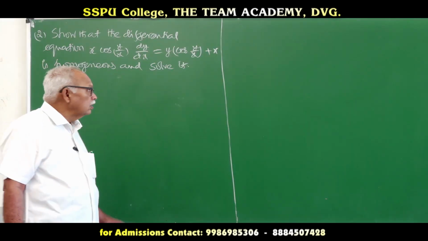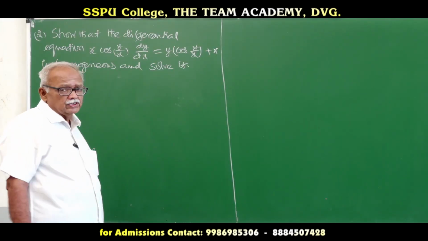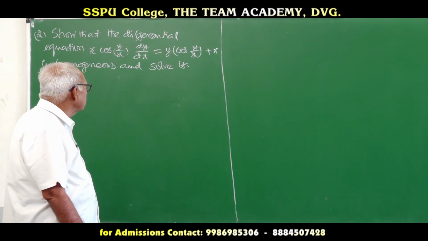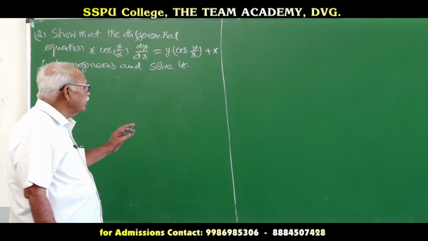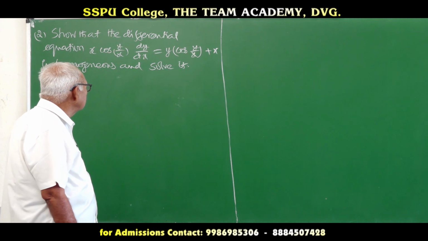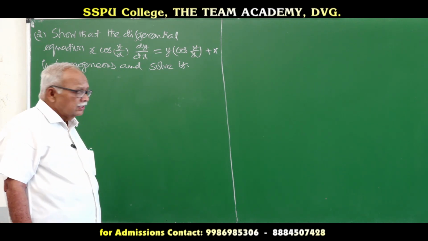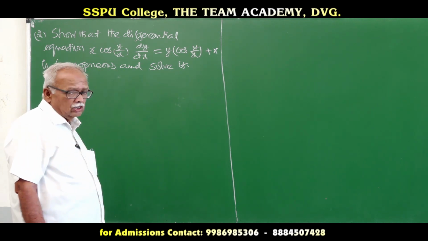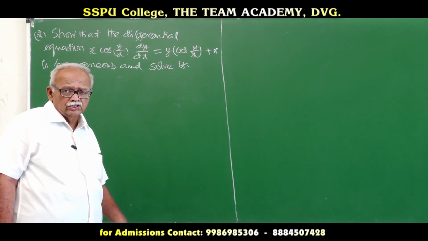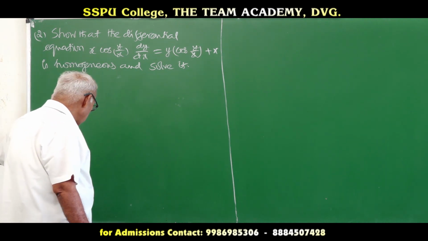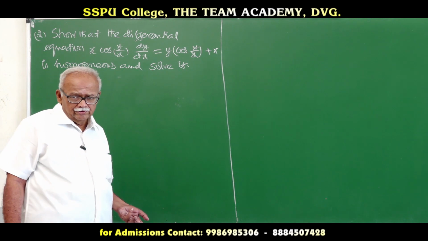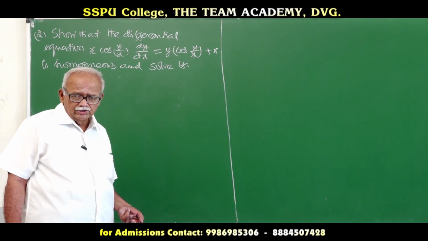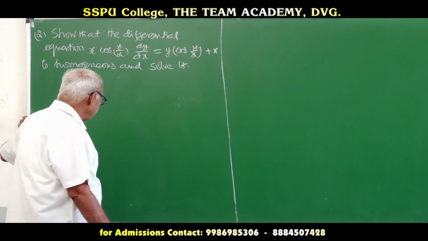Okay. Show that the differential equation x into cos y by x dy by dx is equal to y into cos y by x plus x is homogeneous, and solve it. First we have to say that it is a homogeneous equation, and then we have to start solving. How will you solve? We have to use the substitution, put y is equal to Vx.